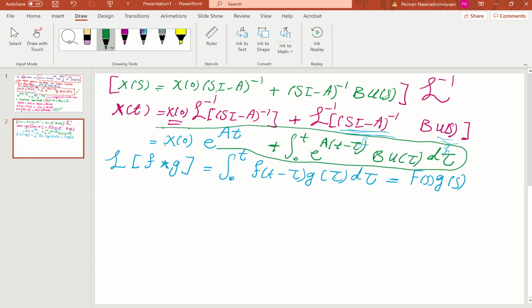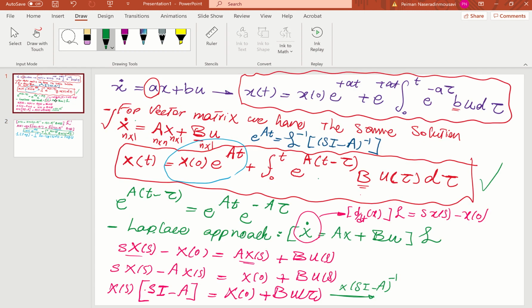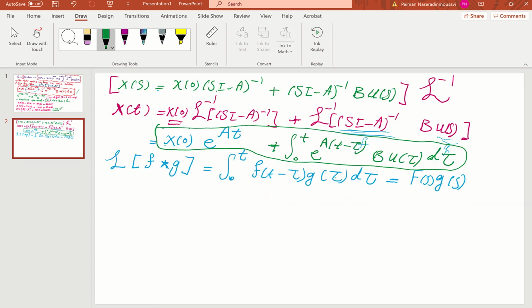This is the solution, as we had previously. Here we use the convolution integral again. This is from the graduate control course that we teach at ME 530 or ME 330. We got the solution, and it is important that we know about this.